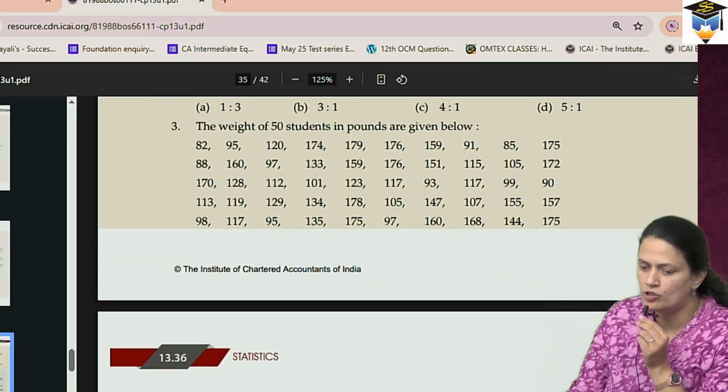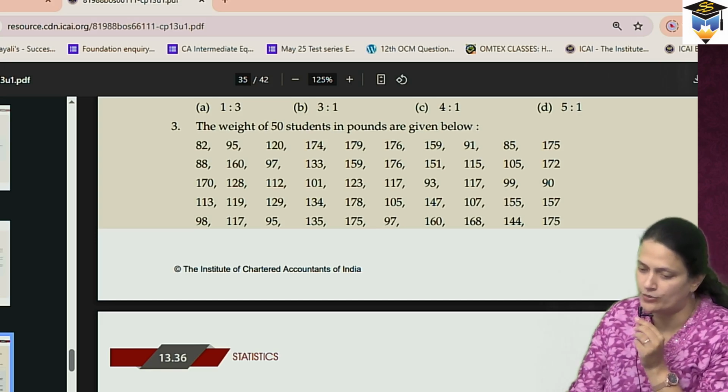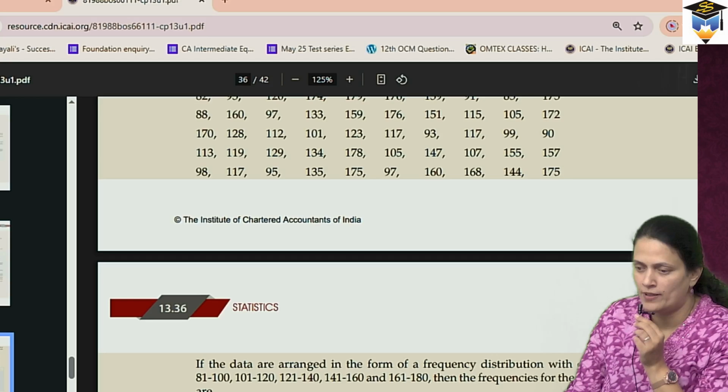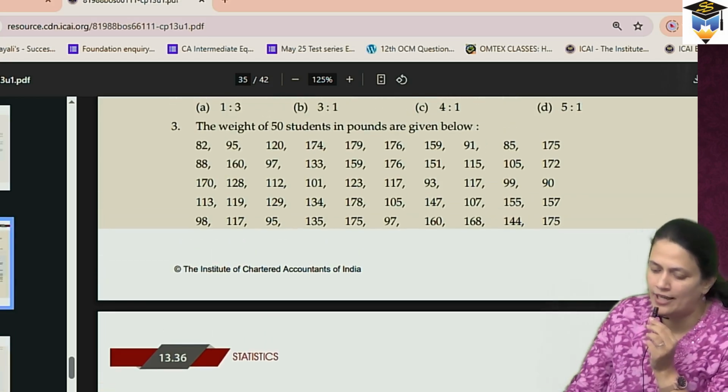Weight is given. If the data are arranged in the form of a frequency distribution with class intervals, then frequencies for the 5 intervals are given to you. So basically you have to form a table and arrange it correctly.